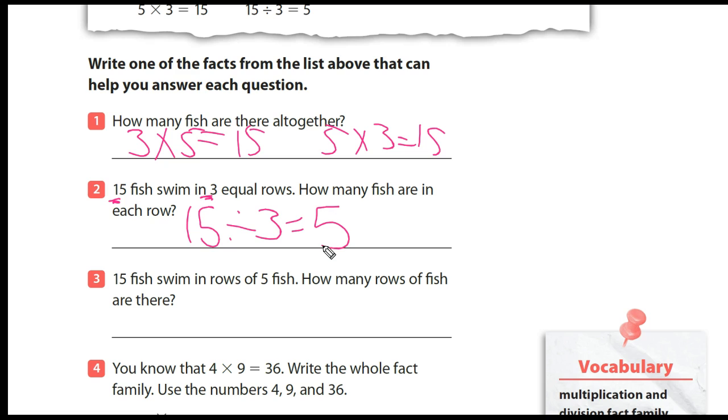Okay. How about number 3? Aubrey, number 3. 15 fish swim in rows of 5. How many rows of fish are there? Yes? I have a total already. It's similar to number 2.